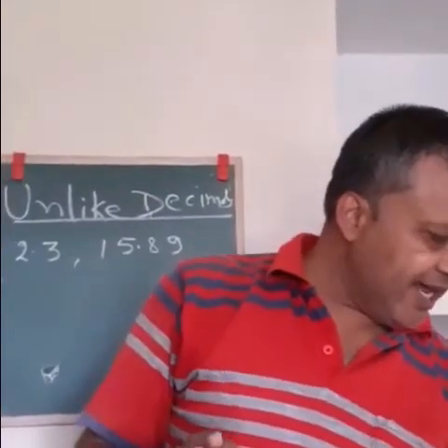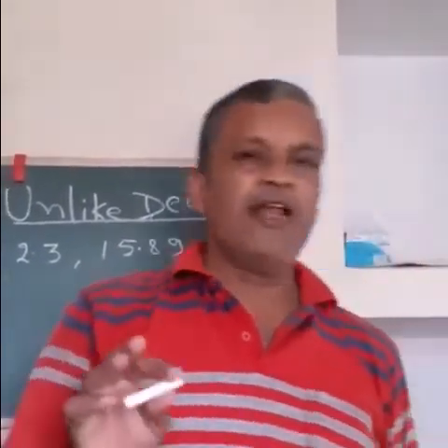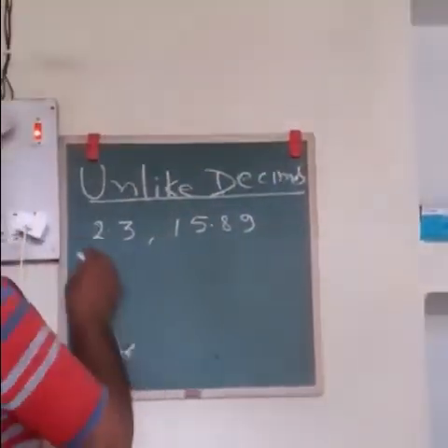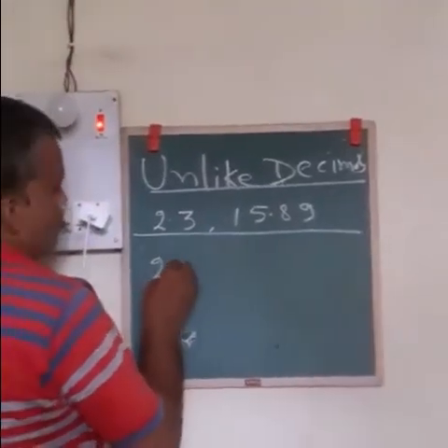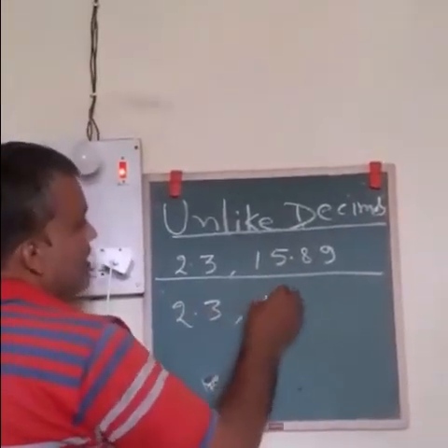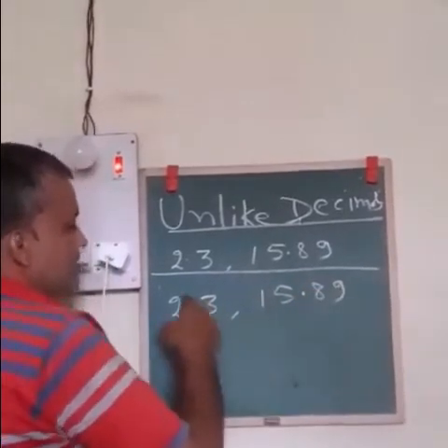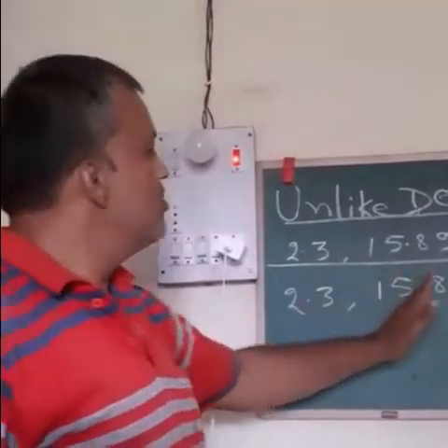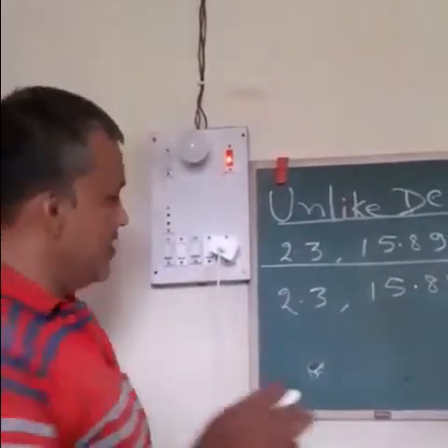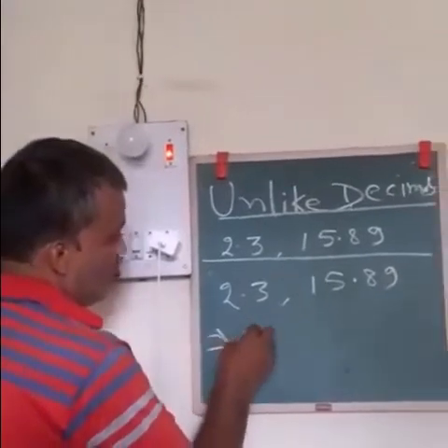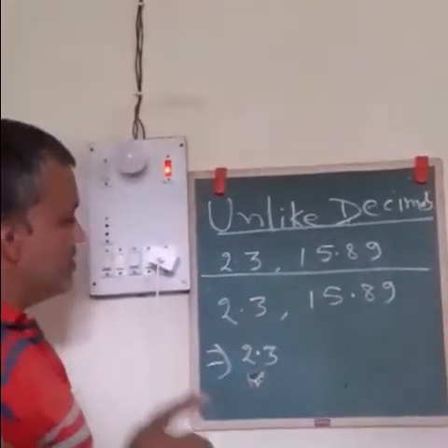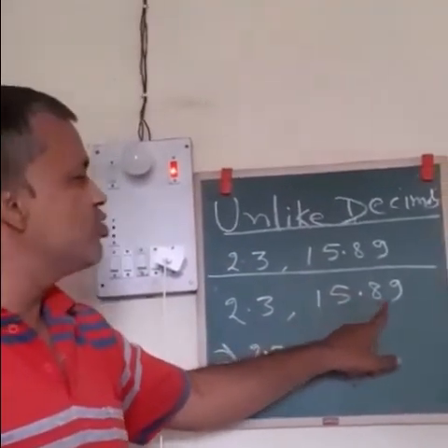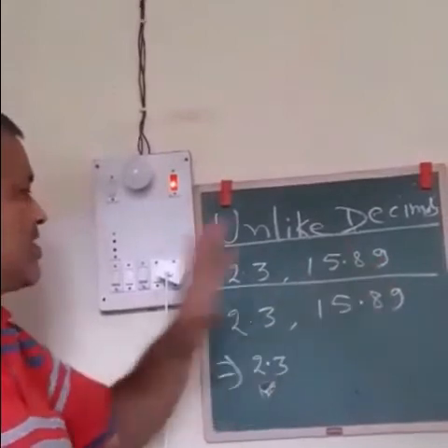Now a question arises in our mind: how can we convert unlike decimals into like decimals? Suppose 2.3 and 15.89. These are unlike decimals and we have to convert them into like decimals. How? Like this. In 2.3 we see only one digit at the right side, and here only two digits are at the right side of the decimal.